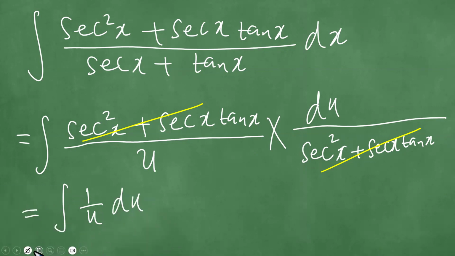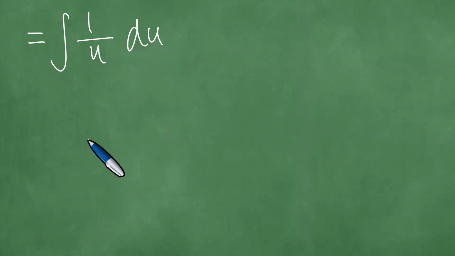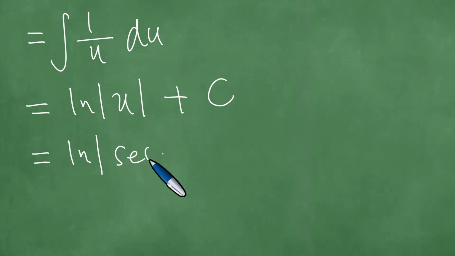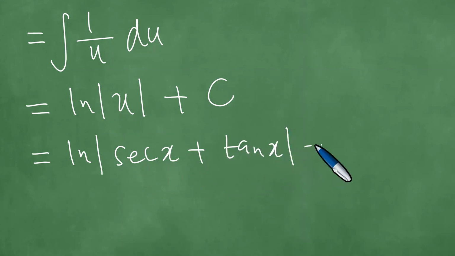And what do we then do at this point? You have the integral of 1 over u du. What is this integral? It is the natural log of the modulus of u plus c. What is u equal to? We recall that u is the secant of x plus the tangent of x, plus the arbitrary constant c of integration.